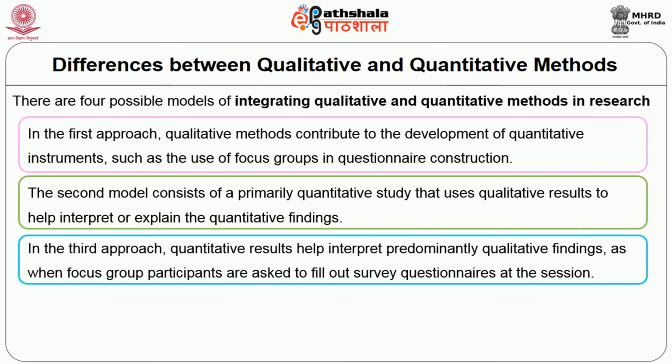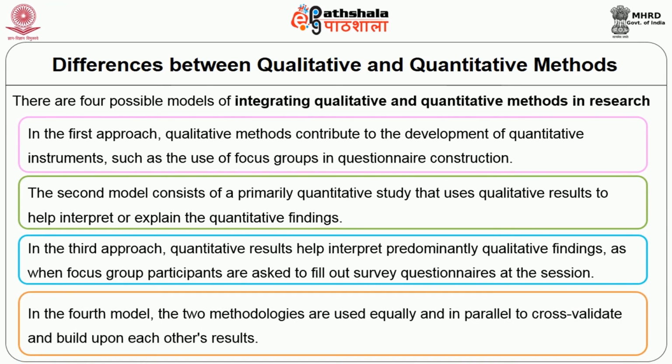In the third approach, quantitative results help interpret predominantly qualitative findings, as when focus group participants are asked to fill out survey questionnaires at the session. In the fourth model, the two methodologies are used equally and in parallel to cross-validate and build upon each other's results.